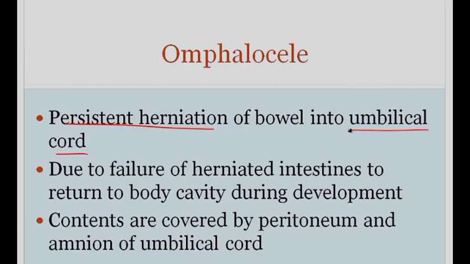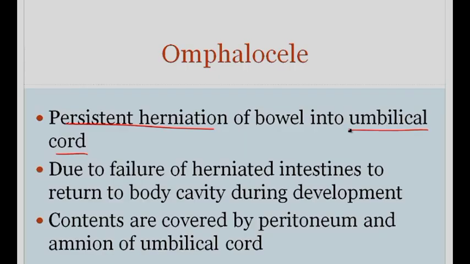Let's go back to development to remind ourselves that because there was very little space in the abdomen during the early development of the bowel, you actually get some herniation of the bowel into the umbilical cord. And then remember that the bowel undergoes a 90-degree counterclockwise rotation. And when that rotation occurs, it pulls the bowel back out of the umbilical cord into the body cavity.